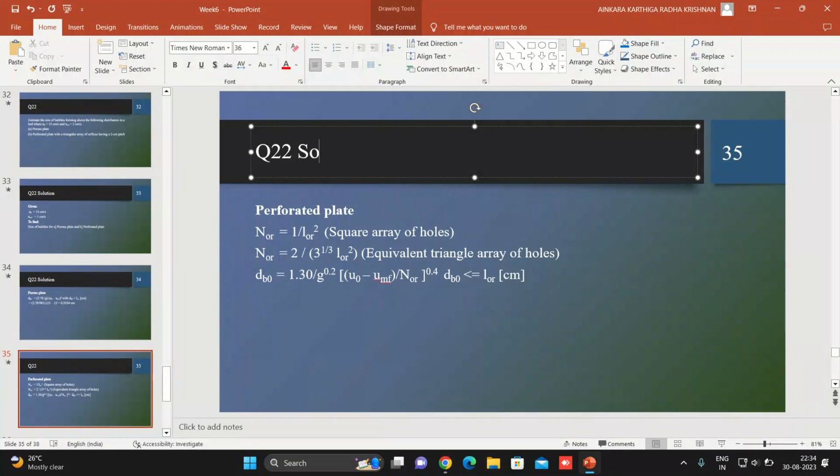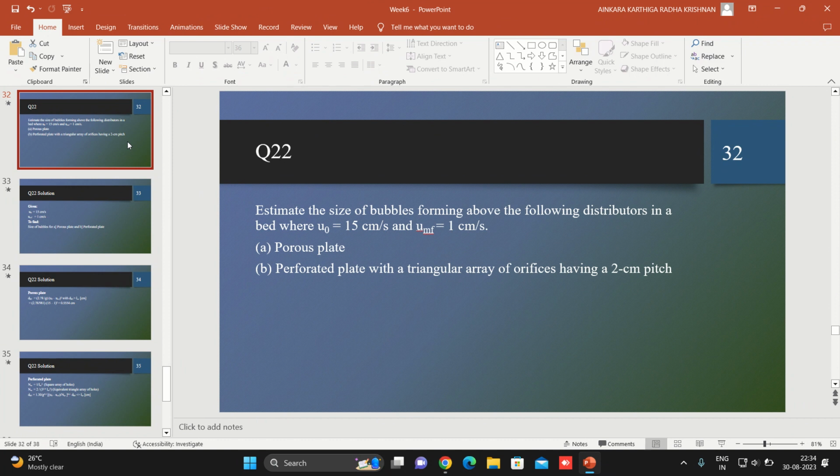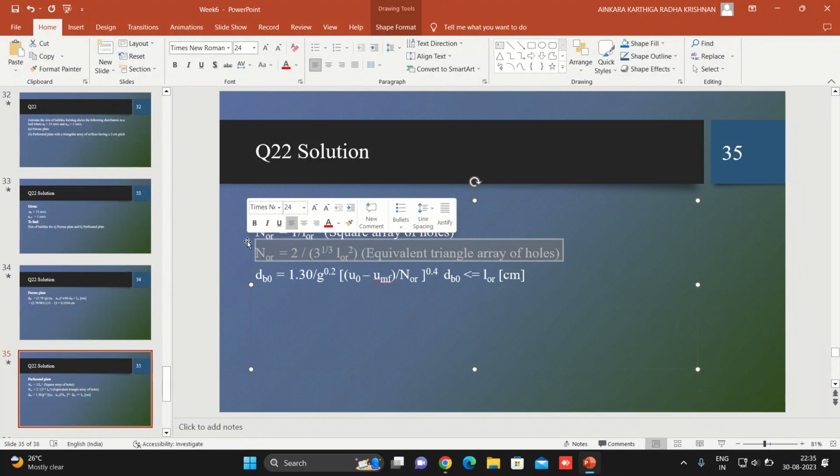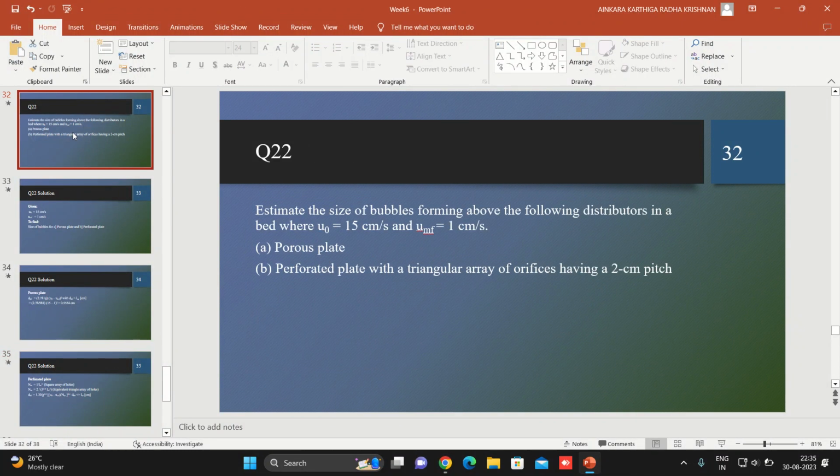It was asked about triangular array. So the right thing is triangular array. 2 centimeter pitch is given.